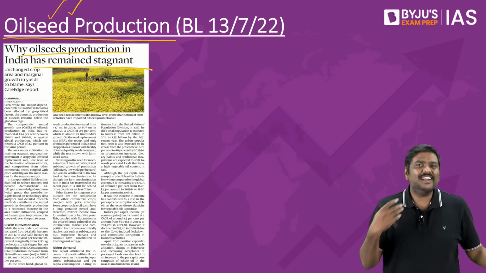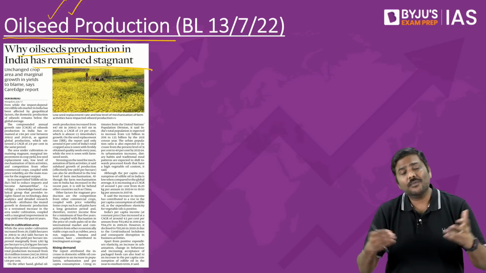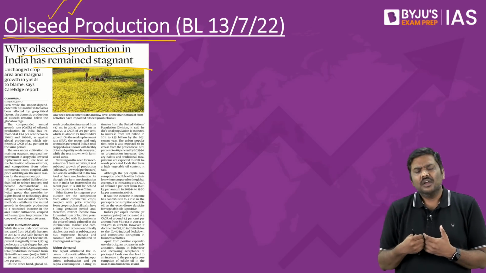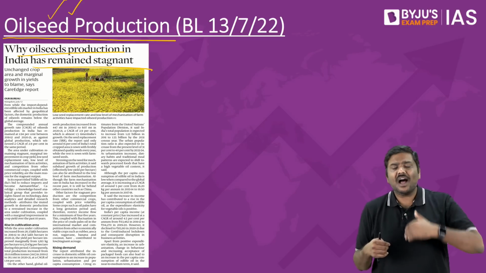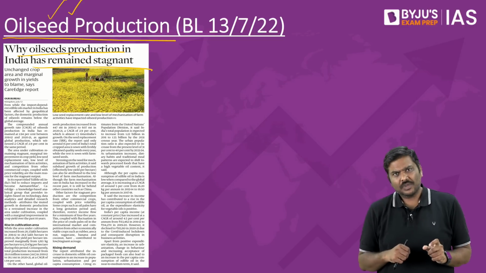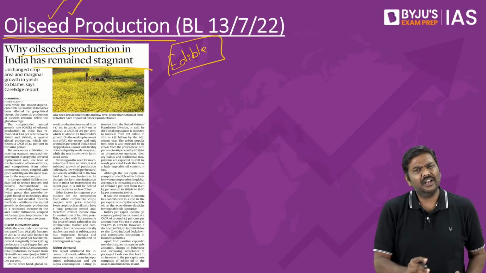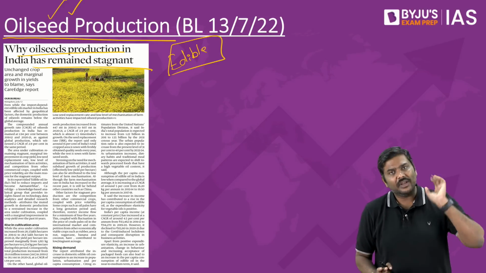The Government of India again and again has been stressing that through various reforms or measures they are taking, they want to ensure that India becomes Atmanirbhar or self-reliant in terms of oilseed production. Because remember this, edible oil imports are very, very high in the context of India. India imports a lot of these particular edible oils.